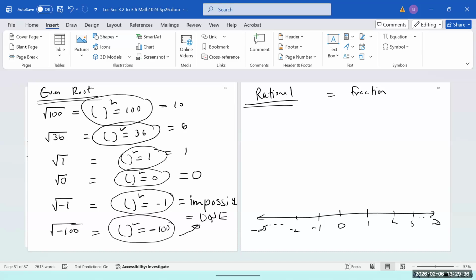Between every single number, we have so many decimals, right? We just don't see them. There are so many decimals here.